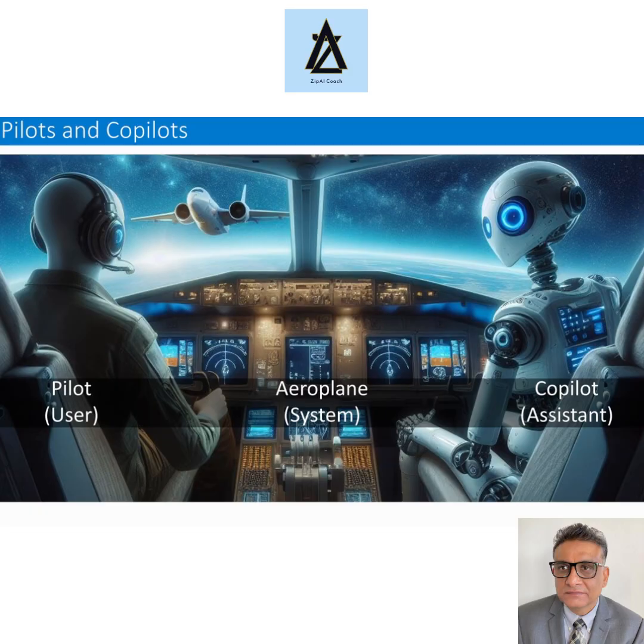I'm using an aeroplane as an analogy, where the aeroplane itself is a system or an application, and it is being flown by a human being called the pilot, who represents a user of that system. Along with the main pilot, you have a co-pilot, a human being in the practical sense while flying an aeroplane.